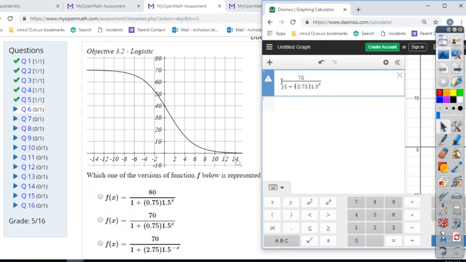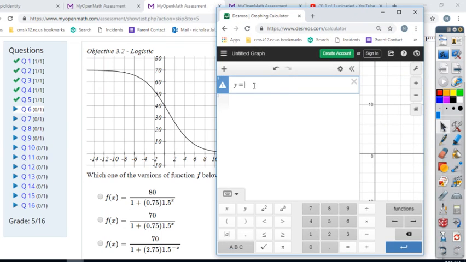So y is equal to 70 over 1 plus 0.75 times 1.5 to the x.